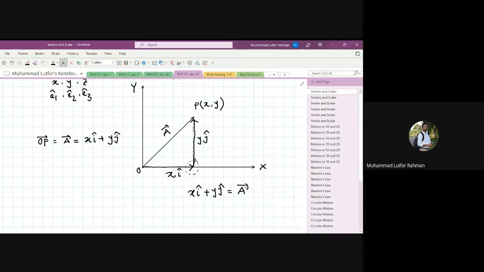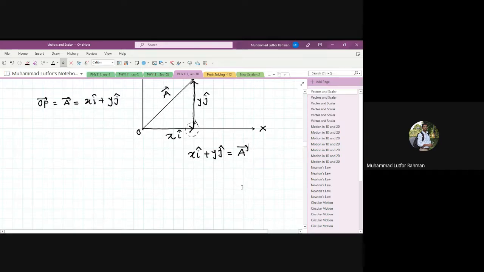All right, fine. Now, what about the three-dimensional case? You can also express that vector this way. In the three-dimensional case, we'll express that vector as x i hat plus y j hat plus z k hat, right? We'll see how to find that also.